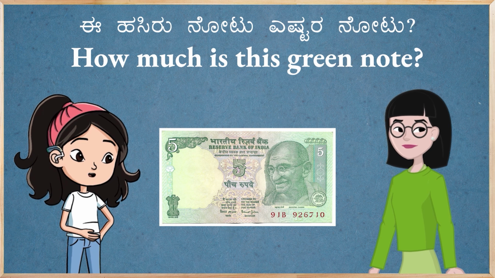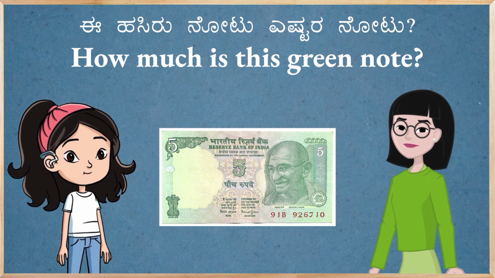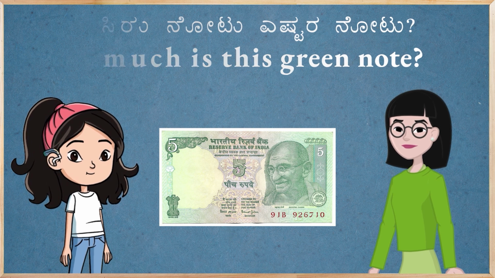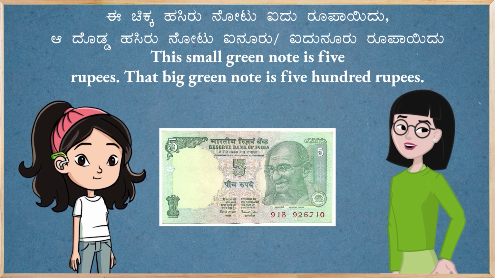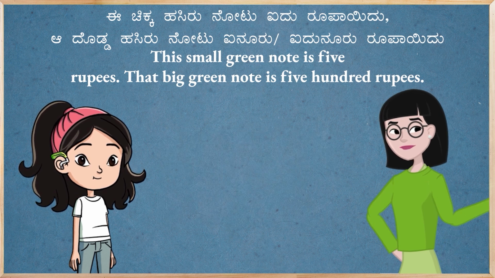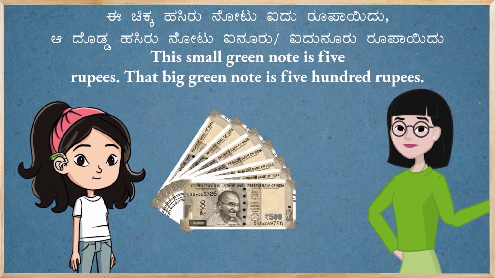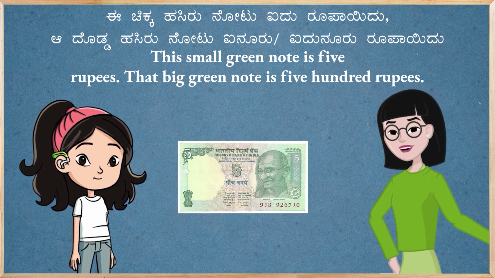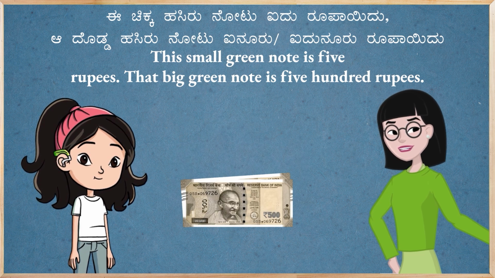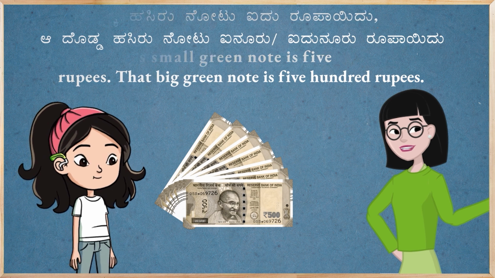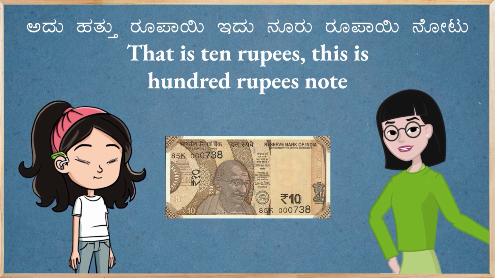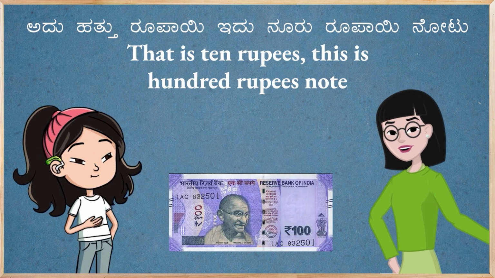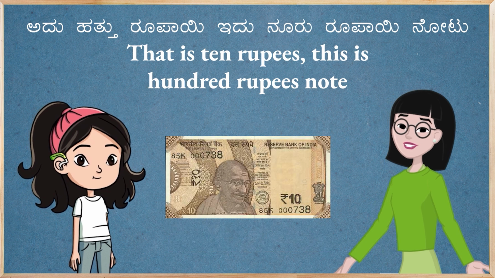ಈ ಹಸಿರು ನೋಟು ಎಷ್ಟರ ನೋಟು? How much is this green note? ಈ ಚಿಕ್ಕ ಹಸಿರು ನೋಟು 5 ರೂಪಾಯಿಯದು. ಆ ದೊಡ್ಡ ಹಸಿರು ನೋಟು 500 ರೂಪಾಯಿಯದು. The small green note is 5 rupees. That big green note is of 500 rupees. ಅದು 10 ರೂಪಾಯಿ. ಇದು 100 ರೂಪಾಯಿ ನೋಟು. That is 10 rupees.